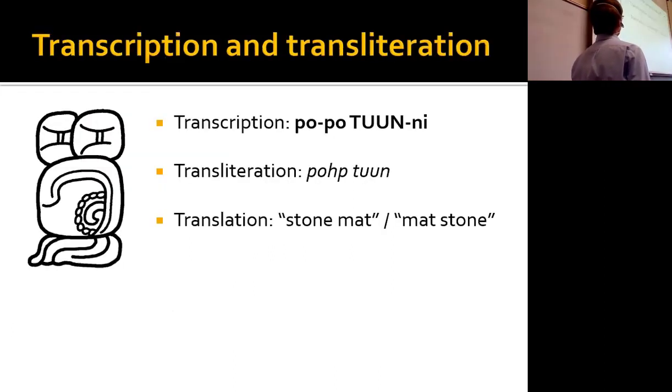Maya hieroglyphic blocks. And remember when we read, and in the future, in this lecture and others, there will always be these three T's: the transcription, transliteration, and translation. Sort of character by character representation of Maya glyphs in our alphabet writing, where you have bold lowercase for syllables and uppercase for logograms.